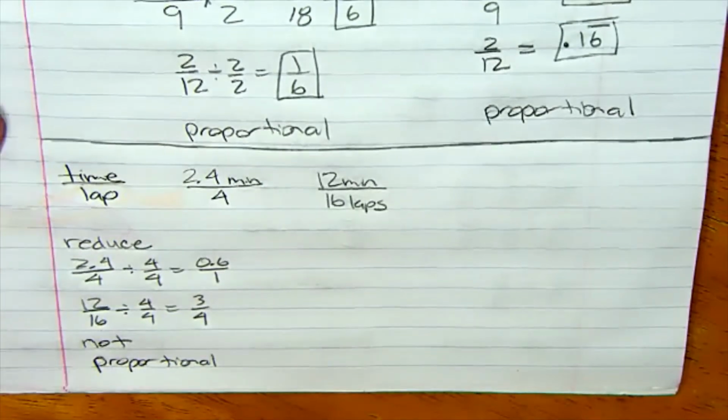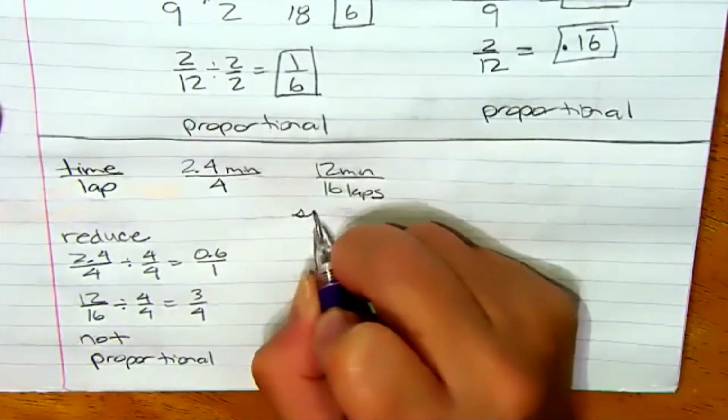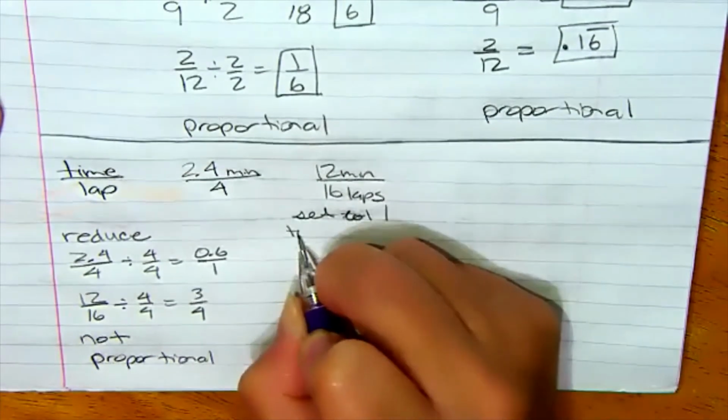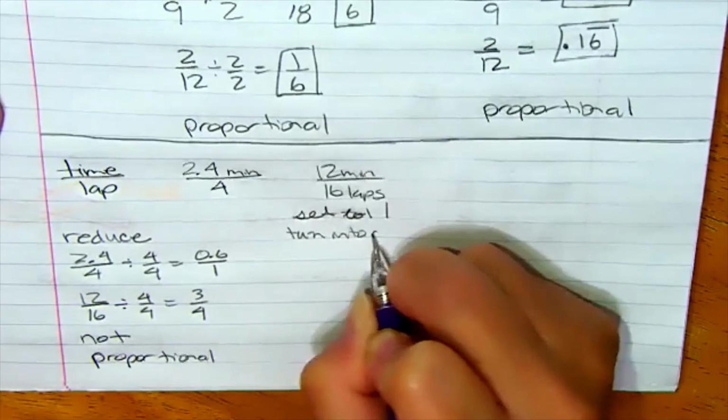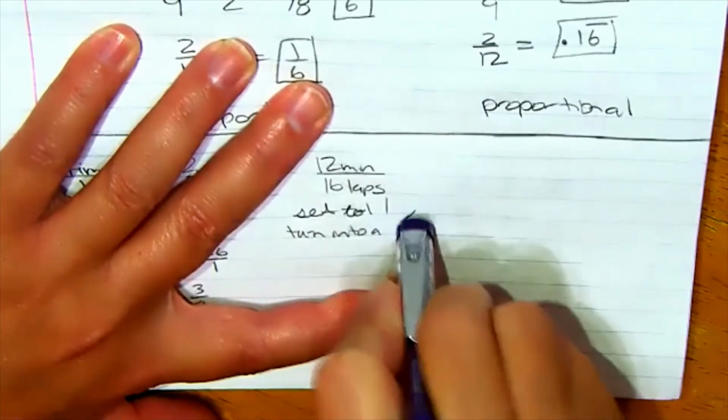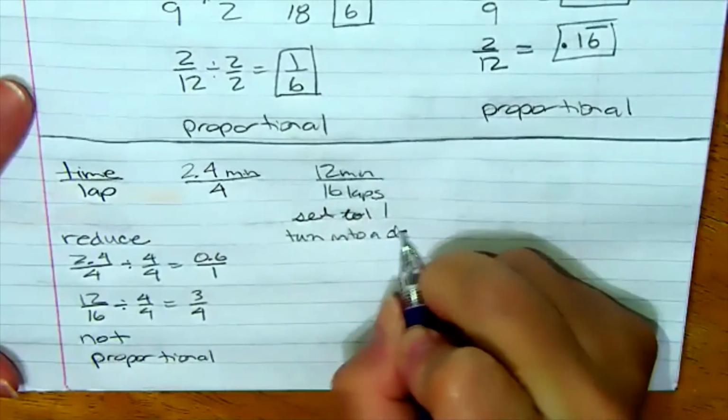But let's make sure. We can set to 1 or turn into a decimal, same thing. Turn into a decimal.